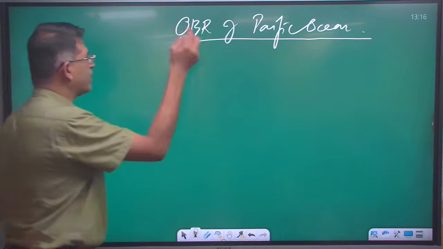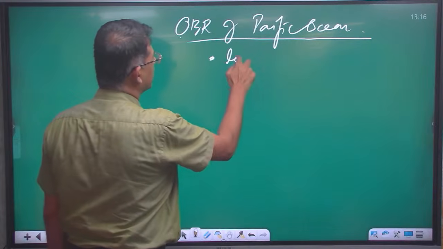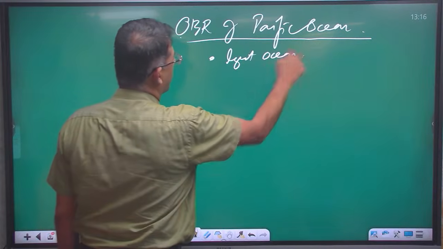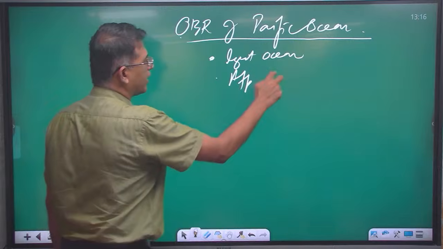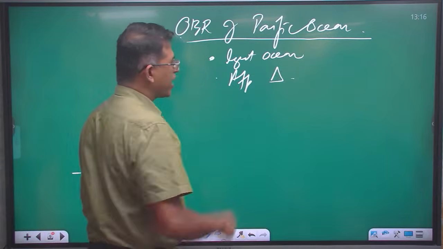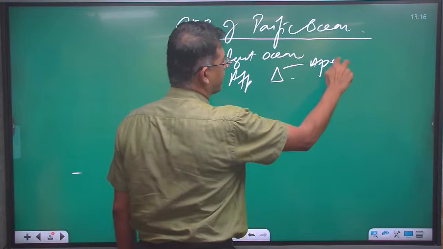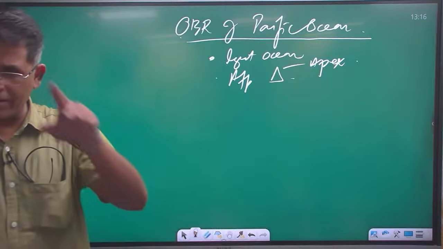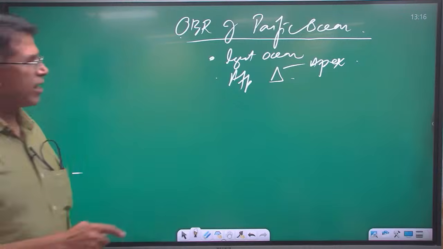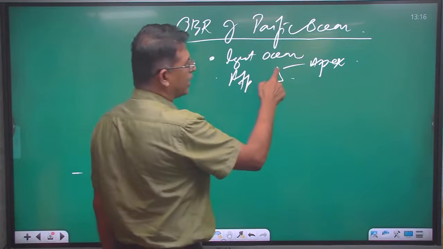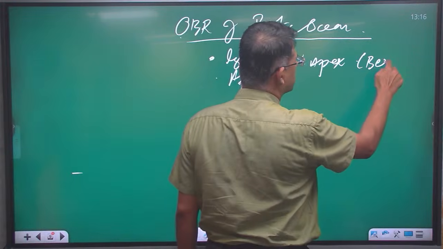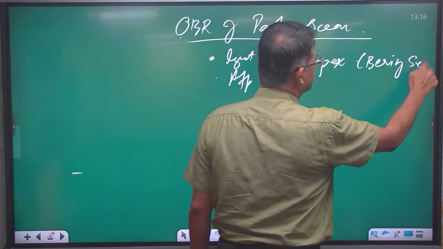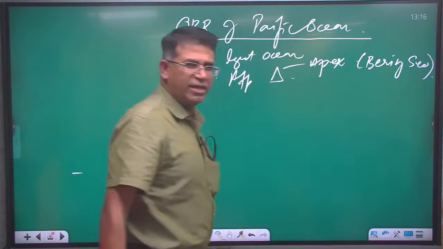Keep writing the points. Okay, the first point is this is the largest ocean. It is approximately triangular in shape. Triangle का जो apex है, this is sea called as the Bering Sea.